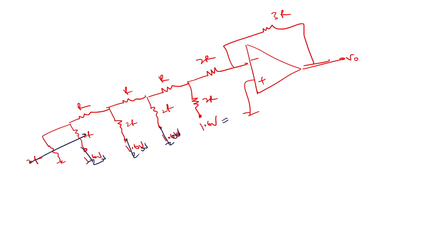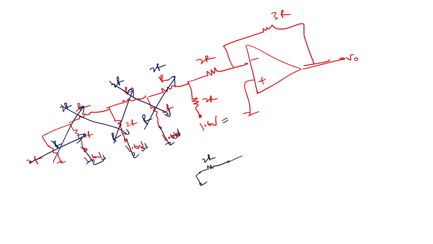What will happen? 2R, 2R, R. This is 2R. This is again R. This is 2R. This is again R. This is again 2R. So what you got is this is 2R, this is 2R, 1.6 volt. This is 2R. You need to find this voltage.